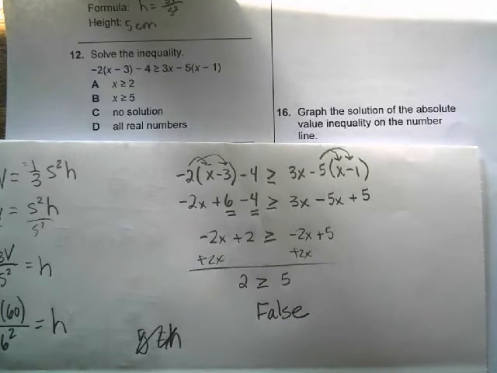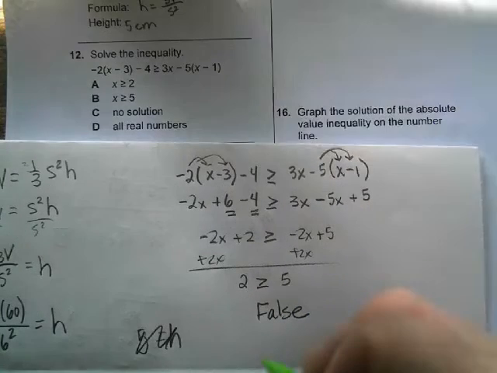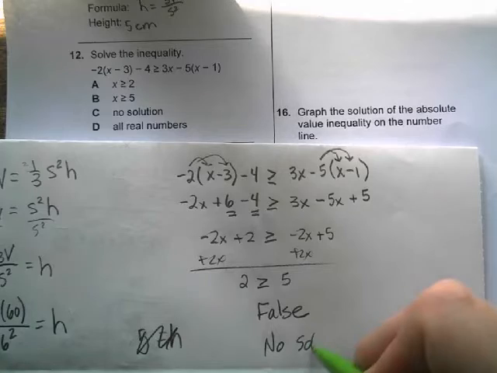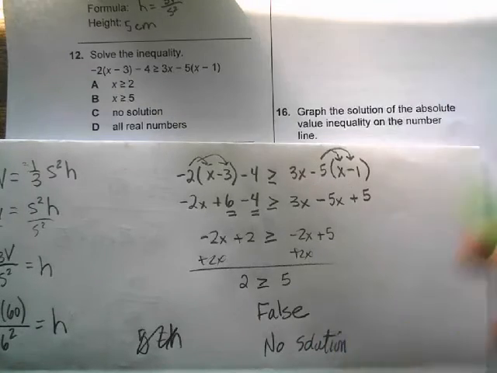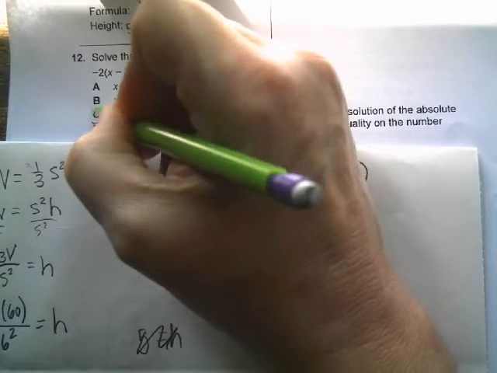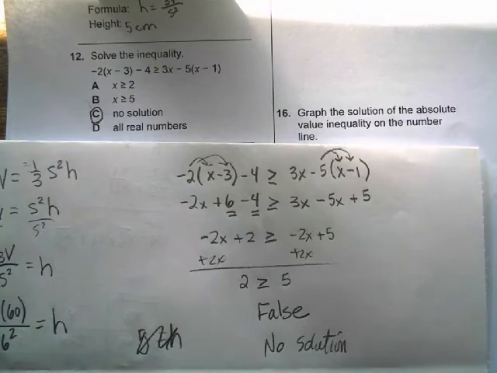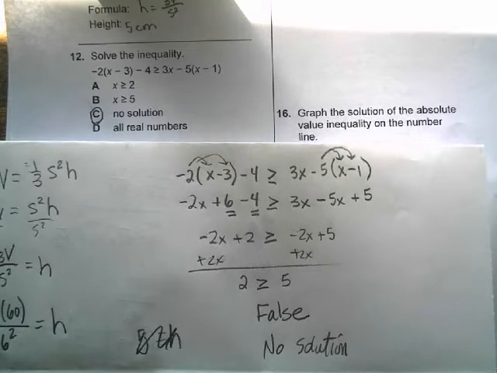It's a false statement, so therefore there's no solution, and that is choice C. Had we gotten a true statement, the answer would have been all real numbers. But we get a false statement, therefore there's no solution.